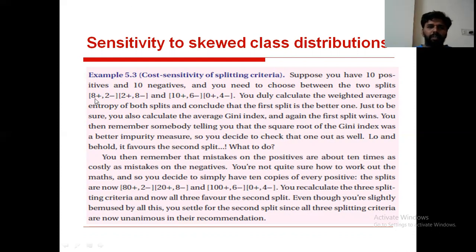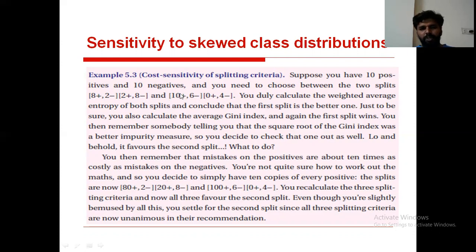Immediately you simply multiply each positive count by 10, that means 10 times. You are considering positives 10 times, 8 into 10, then what you will get? 80 positives, and there is no difference in negatives. Similarly 2 into 10 is 20 positives, and there is no change in negatives.